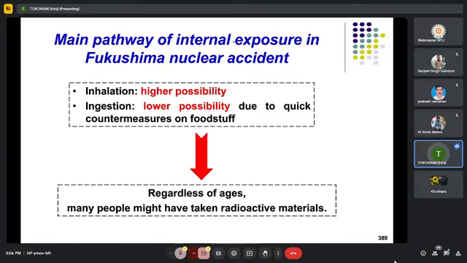Main pathway of internal exposure in the Fukushima nuclear accident. Inhalation has a higher possibility. Ingestion has a lower possibility due to quick countermeasures on foodstuff. Regardless of ages, many people might have taken in radioactive materials.